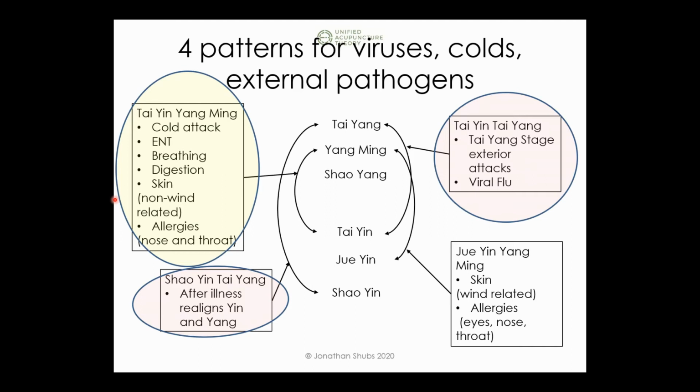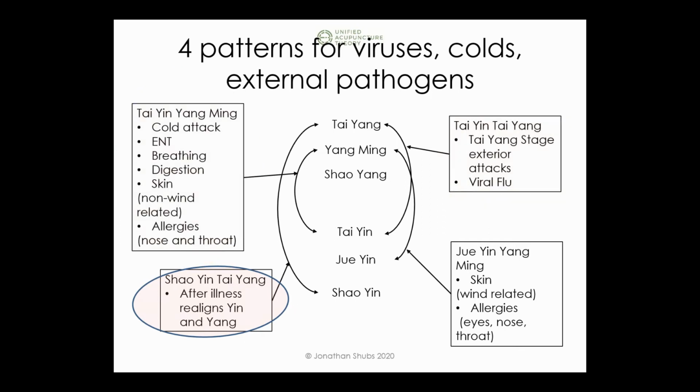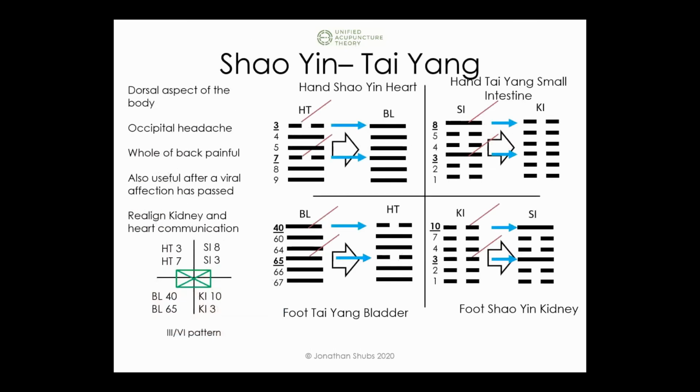The sequencing of the points is not so important. For Shao Yin Tai Yang there is no specific sequence, it's just the points. The points are heart 3 and heart 7, small intestine 3, small intestine 8, bladder 40, bladder 65, kidney 10, and kidney 3.